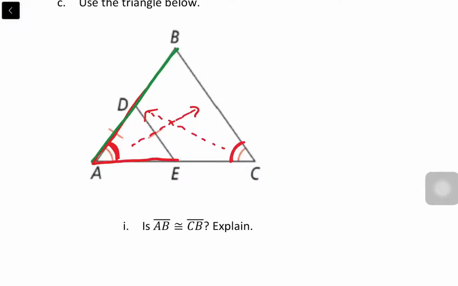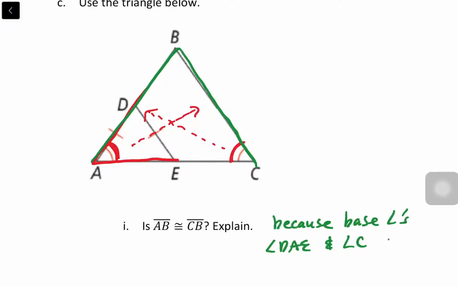That is, AB and BC must be congruent because the base angles, angle DAE and angle C, are congruent. AB must be congruent to BC.